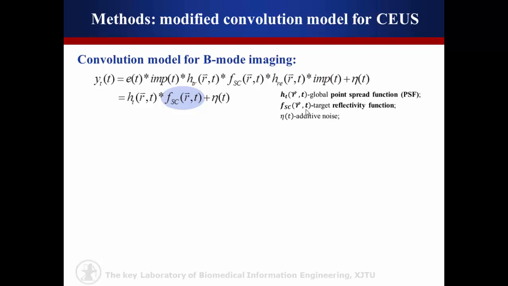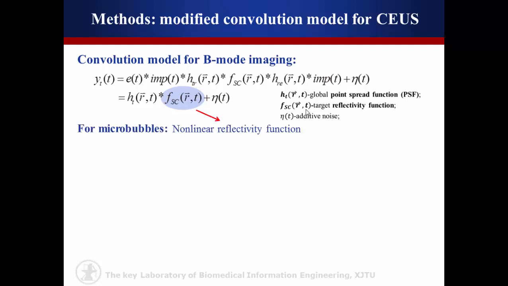The traditional convolution model for B-mode image can be expressed as this equation, and the convolution terms including the excitation of the transducer, impulse response of the transducer, and spatial impulse responses can be merged into a global point spread function, and through deconvolution, the reflectivity function with high resolution can be recovered. This model is valid under the assumption of linear propagation.